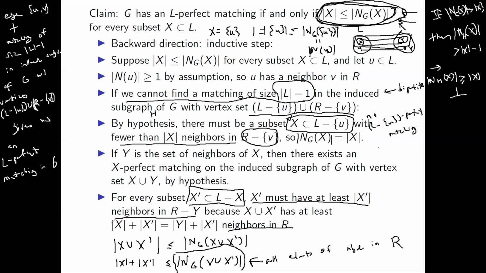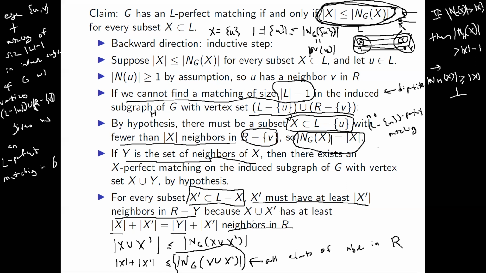And then we also had the fact that the neighborhood of x in G had the same cardinality as x, right here. And we said y was the set of neighbors of x. So the neighborhood of x has the same cardinality as x, and y is the set of neighbors of x. So the cardinality of y equals the cardinality of x. So that's how I went from here to here.